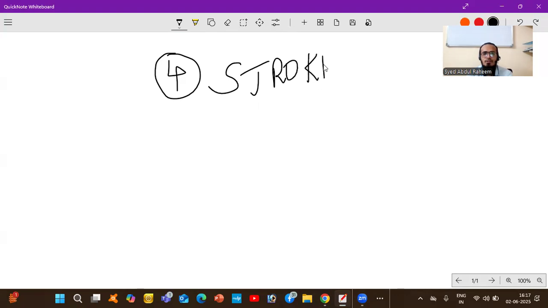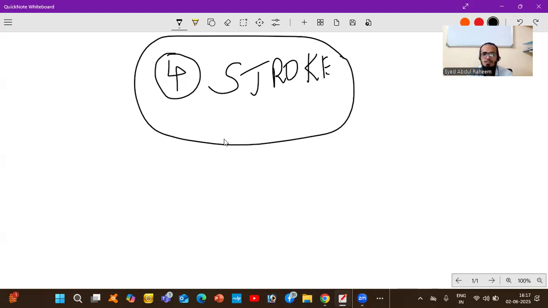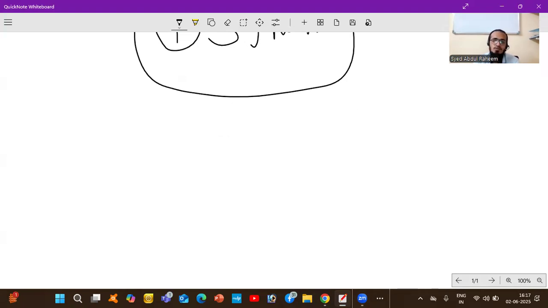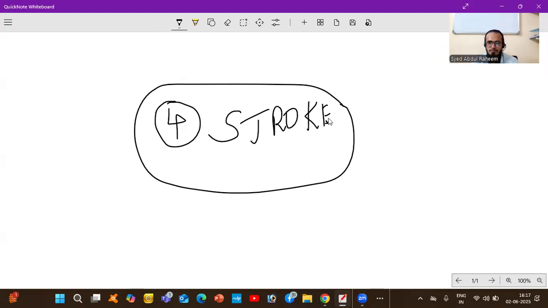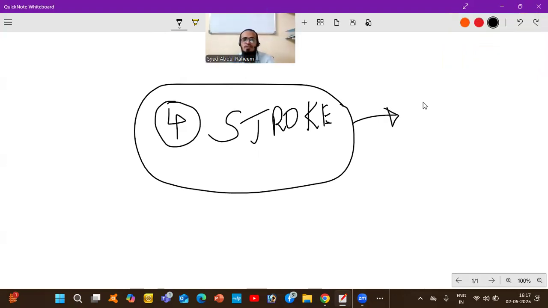Very, very important. So we will discuss complete details about stroke in detail. What is meant by stroke? Stroke is nothing but the sudden onset, which leads to mostly damage to the part of the brain.